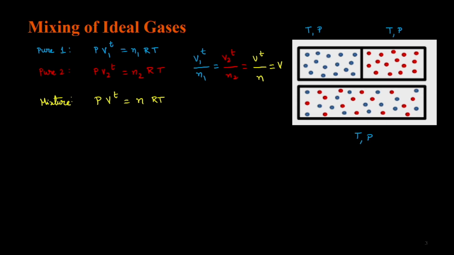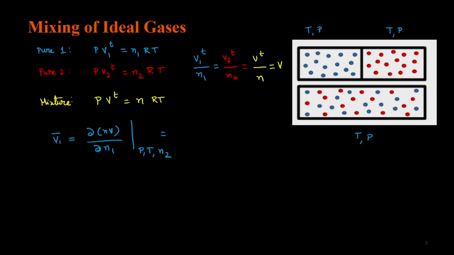Now, if this is a mixture and I want to calculate the partial molar volume for this mixture, how do I get that? For the mixture, the partial molar volume V1 bar is the derivative of the total volume N times V over N1. I have only two components, so it is at constant temperature, pressure, and N2 held constant, right?